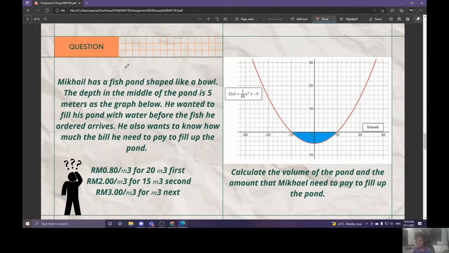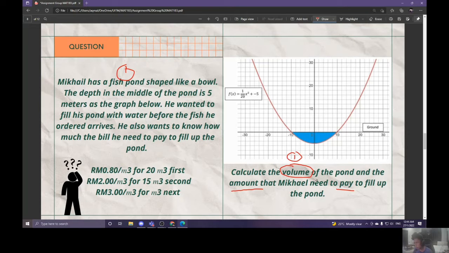Okay, this is the statement, number one: calculate the volume of the pond and the amount that Mikael needs to pay to fill up the pond. So, before we calculate the amount that Mikael needs to pay, we need to find the volume first.